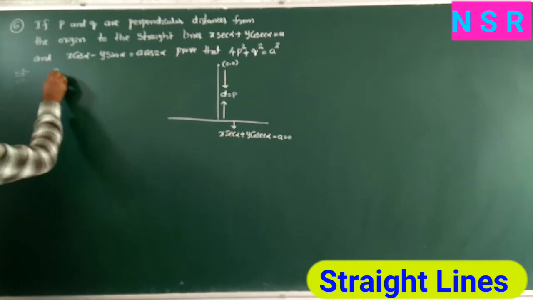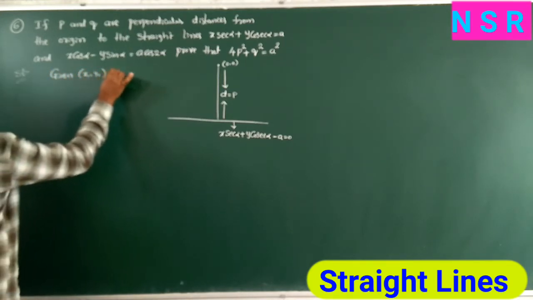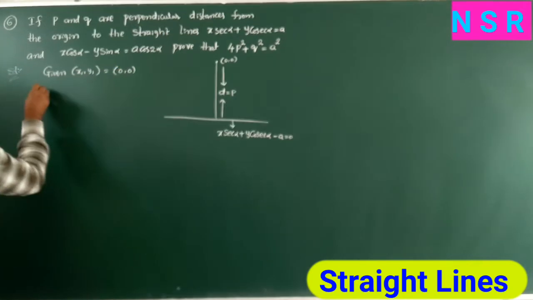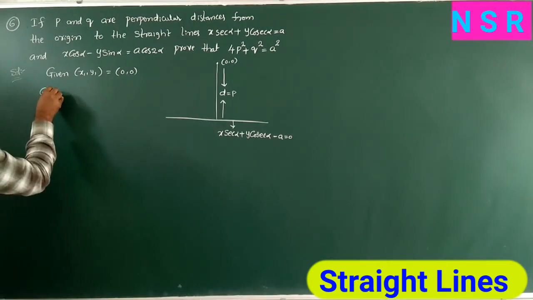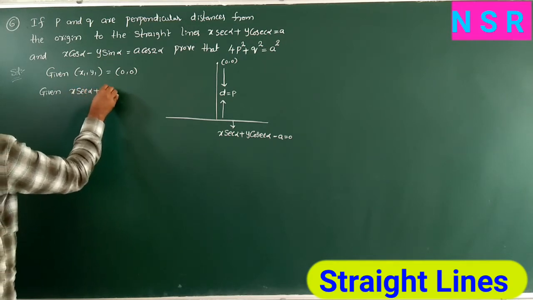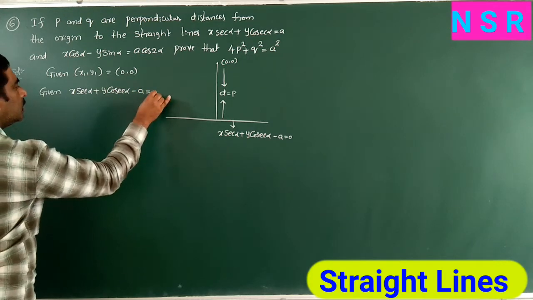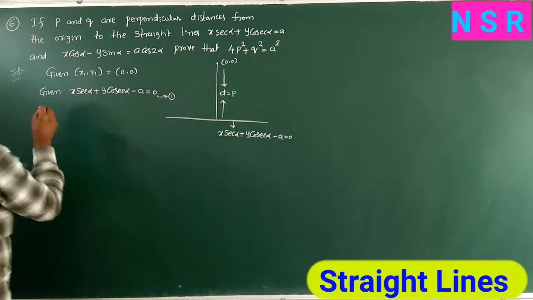So the given point x1, y1 equals 0, 0. And the given line is x secant alpha plus y cosecant alpha minus a equal to 0. Take it as equation number 1.